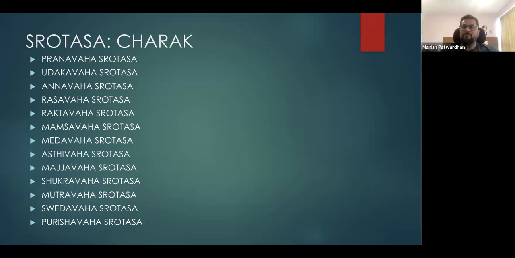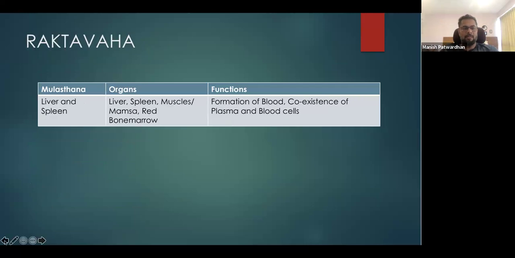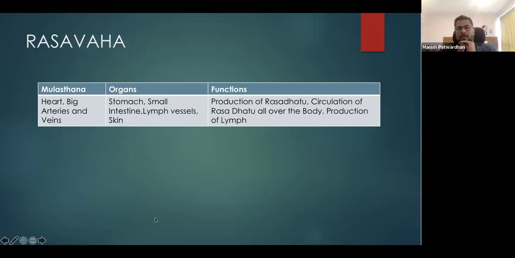So when the food is formed, we said that it goes into the circulation and it reaches the heart. Heart is the main site of the Rasavaha Srotas and the big arteries and veins being the main site.